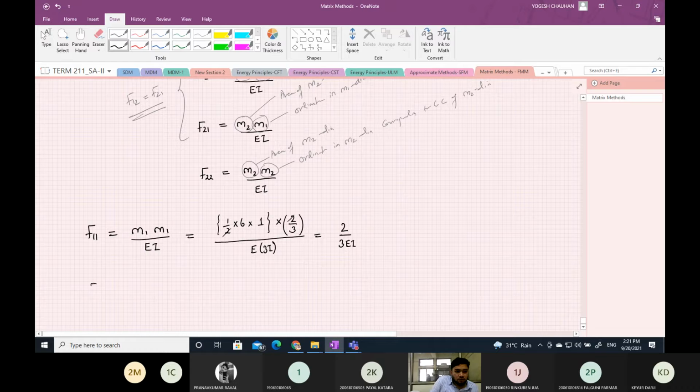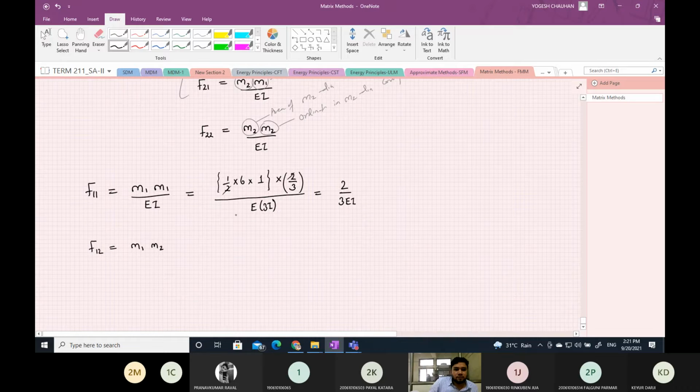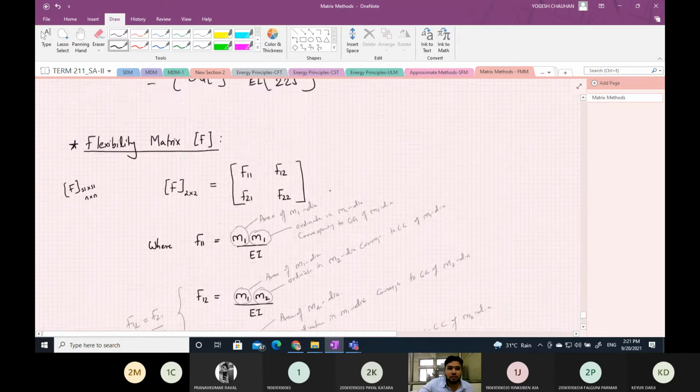Now F12 will be m1 m2 by EI. You have to add the second segment also.